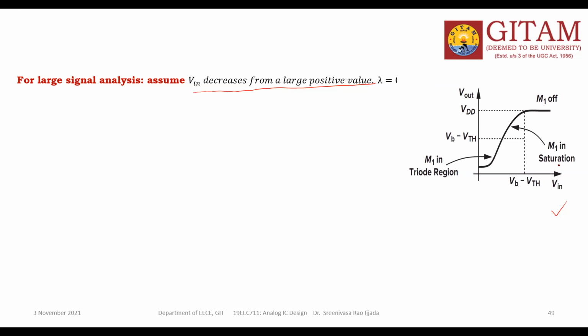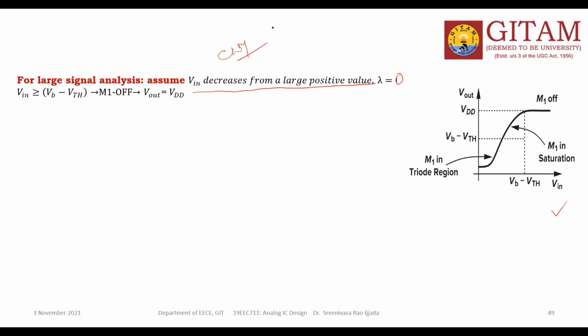Then let us say the lambda value is 0. What do you mean by lambda value? It is the channel length modulation factor. So this is 0, you can assume. Now my assumption is Vin is far greater than VB minus VTH.